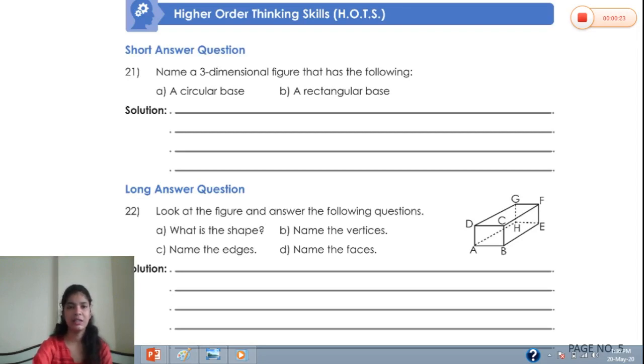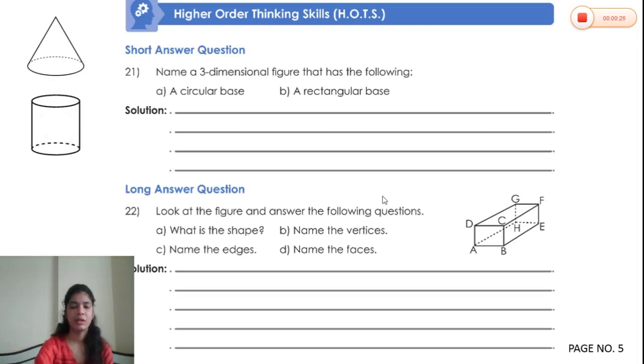Now let us see. A cone. A cone has a circular base. Now cylinder. Cylinder also has a circular base. So the figures with circular bases are cone and cylinder.